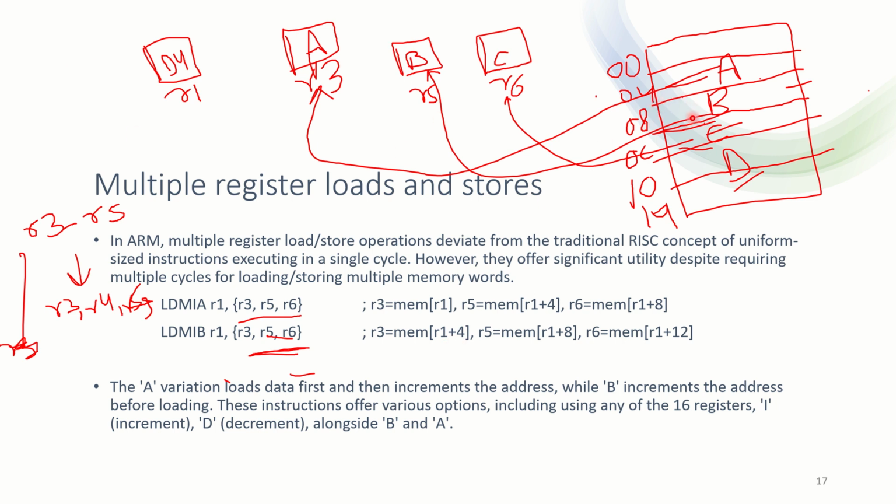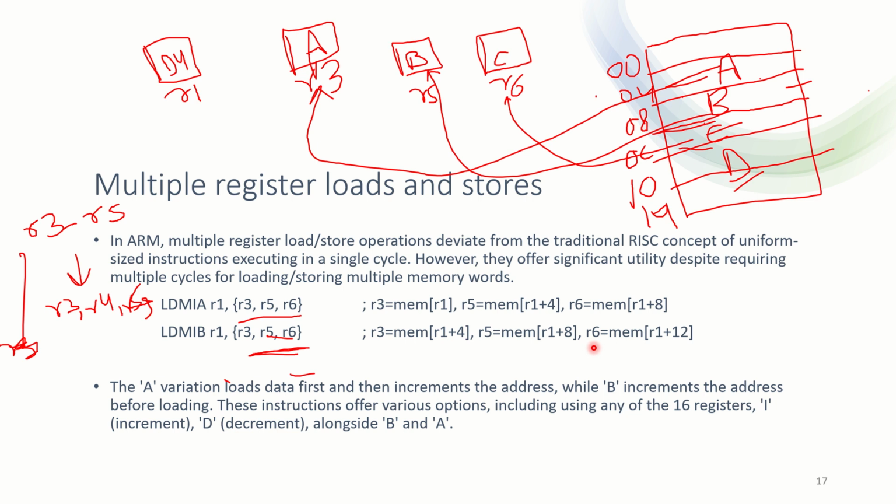You go plus 4. That means B. This B is going to be stored here. That means the value at R1 plus 4 is going to be stored into R3. The value at R1 plus 8 is going to be stored into R5, and the value at R1 plus 12 is going to be stored into R6. So this is the another way, LDMIB.